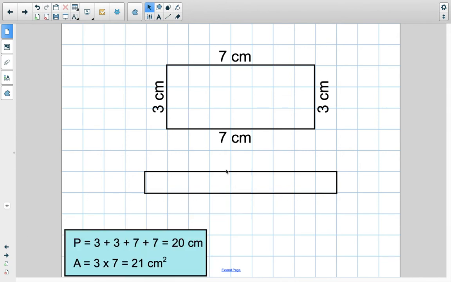All right, so what I've done with this rectangle is I've got the same perimeter. I've taken 2 from the 3 and stuck it on the 7, and taken 2 from this 3 and stuck it on the 7. So this becomes 7 plus 2, or 9. 1, 2, 3, 4, 5, 6, 7, 8, 9. And this becomes a 1, 1.